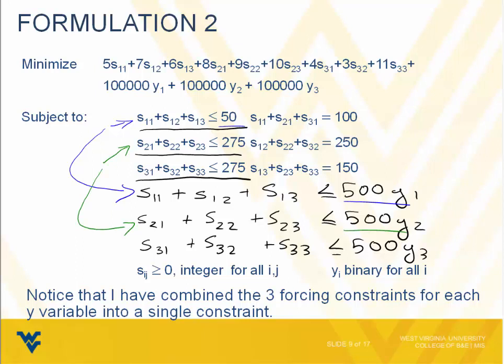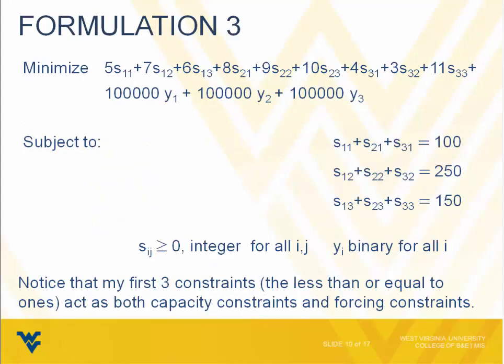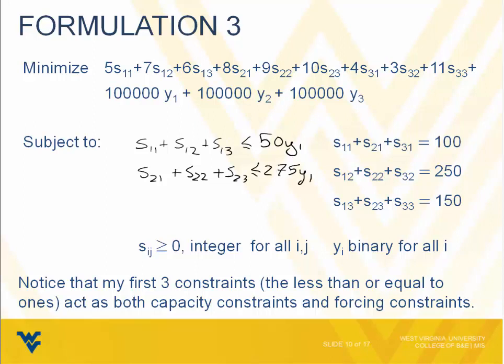So I can combine it further and I just have one set of constraints, the capacity constraints, and I just multiply the right-hand side by the binary variables, right? y1, y2, y3. Do you see that?